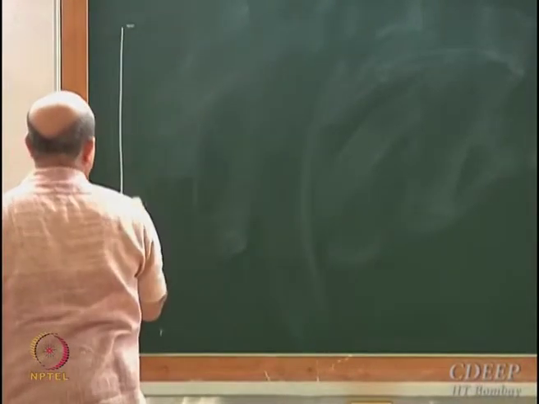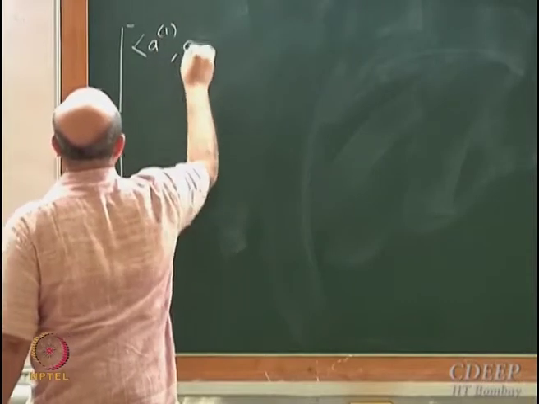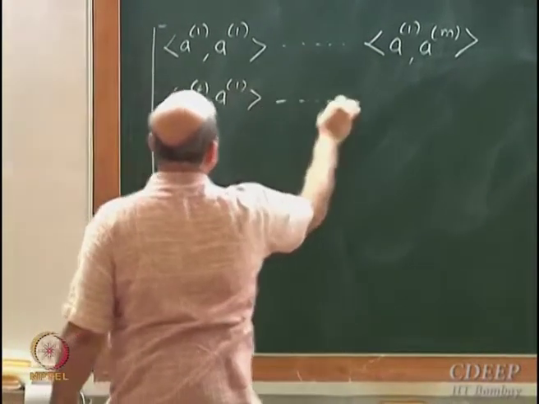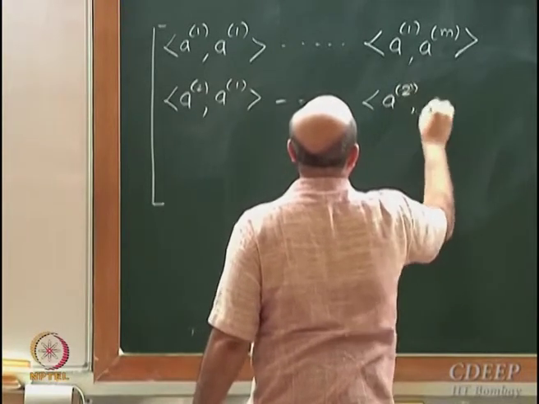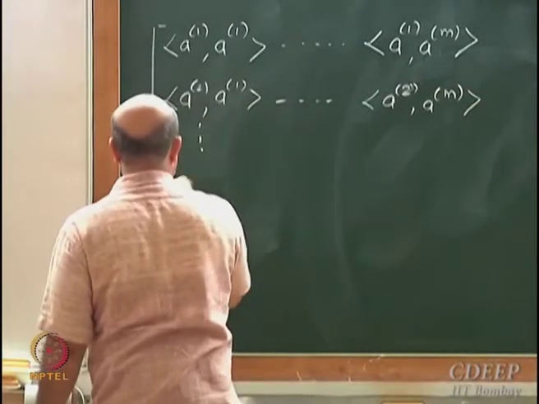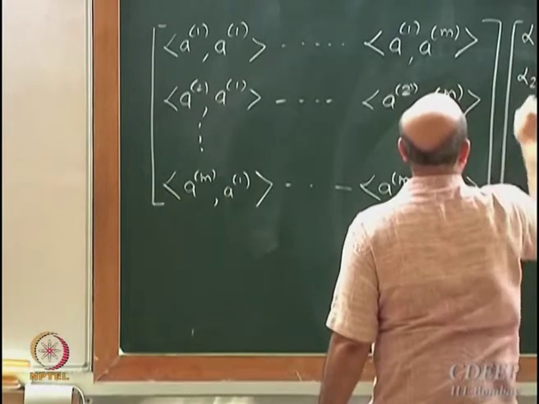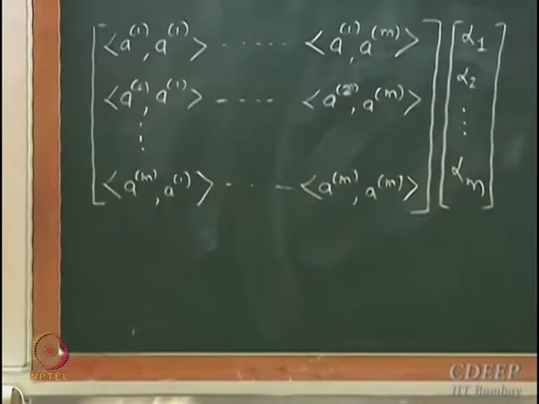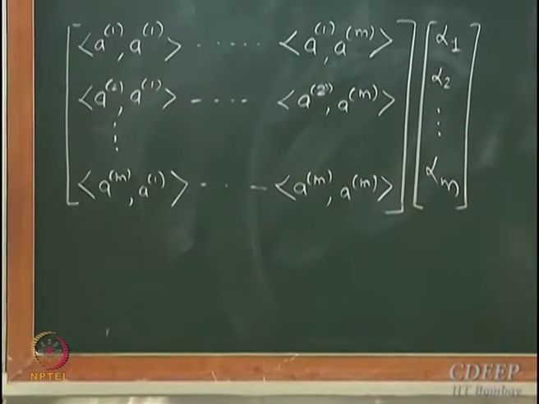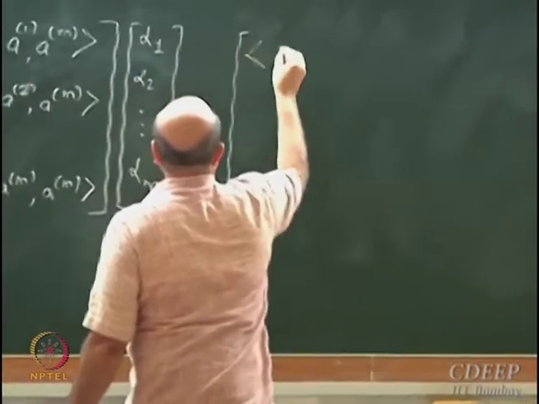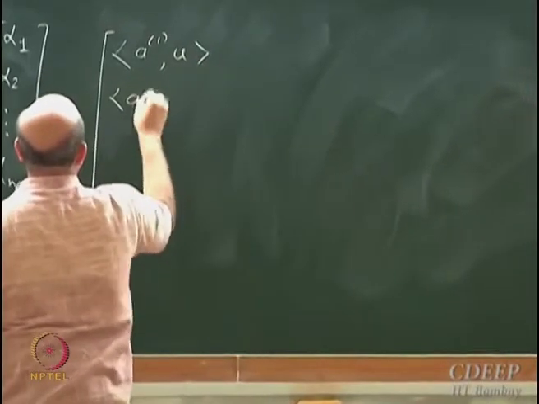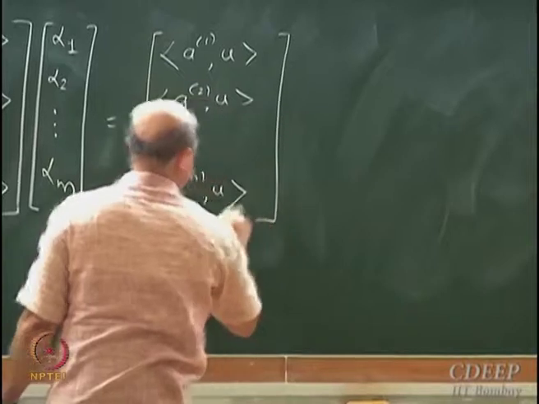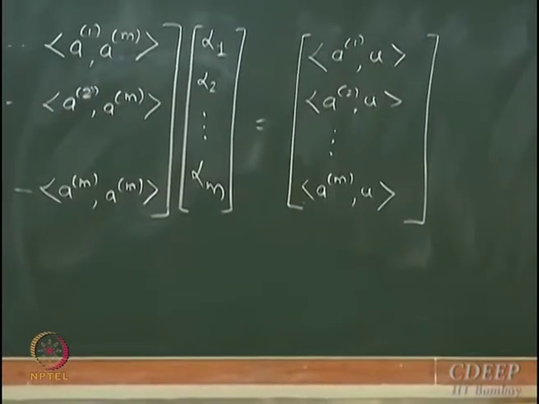This was the inner product of a1 with a1, a2, up to am, and likewise for the other rows.